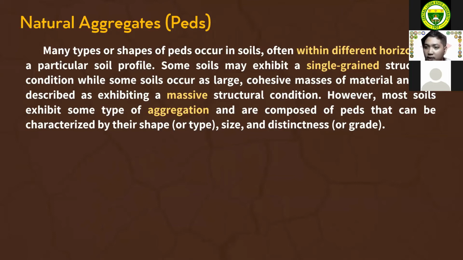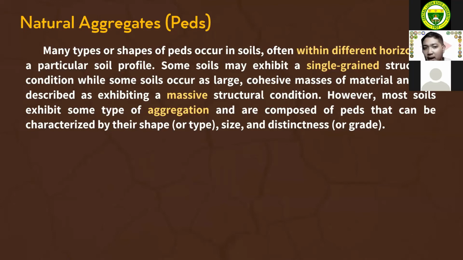Sa below the surface or yung horizon natin, may another soil structure. Some soils may exhibit a single-grained structural condition, while some soils occur as large, cohesive masses of material and are described as exhibiting a massive structural condition.